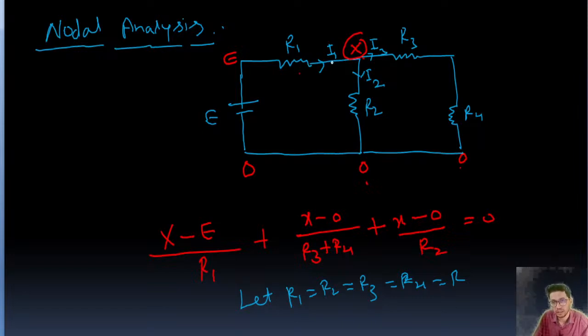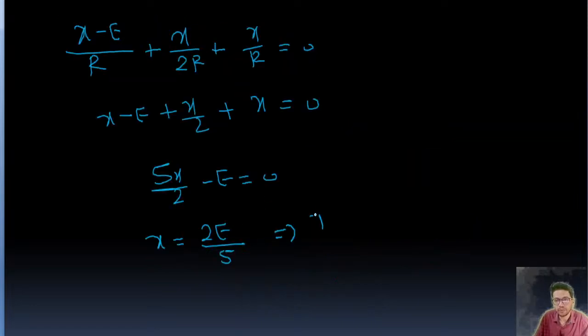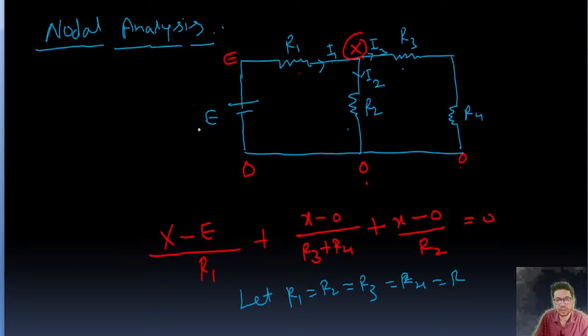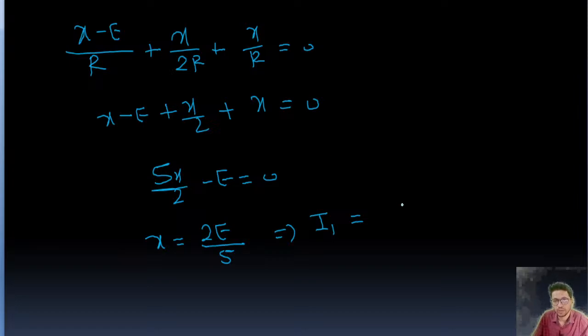So now that implies we can find I1. I1 is going to be this current, I1 is going to be the voltage drop, that is x minus e upon r1, right? X is 2e upon 5, so this is going to be 2e upon 5 minus e upon r, R1 is r.